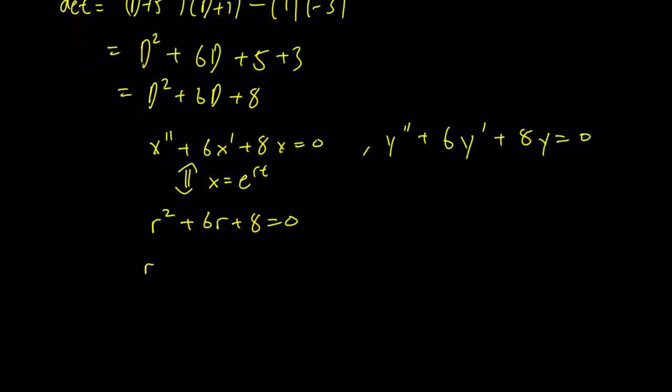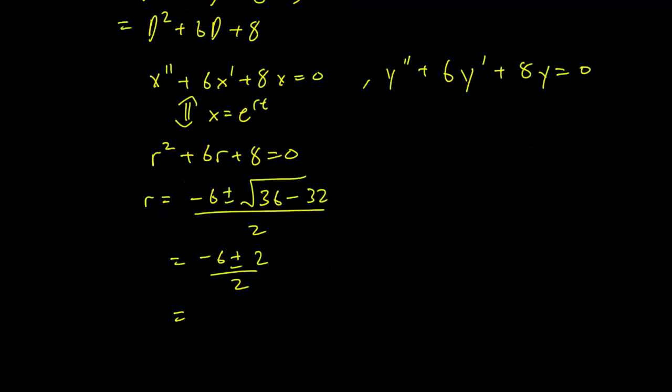And the quadratic formula tells us that r = (-6 ± √(36 - 32))/2, and our roots will be -2 and -4.